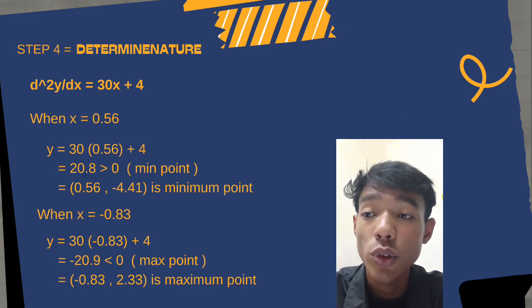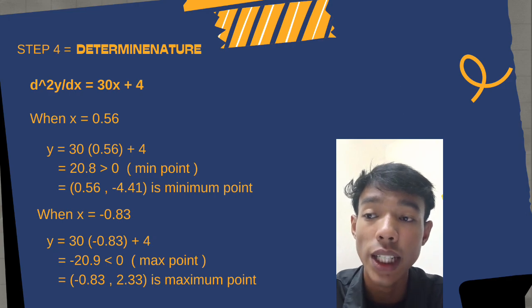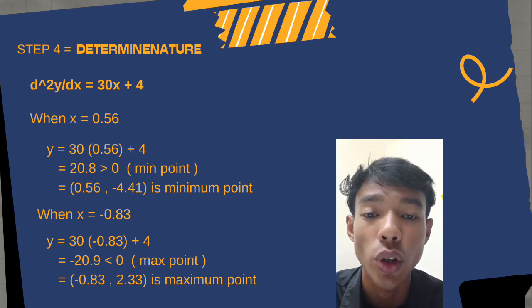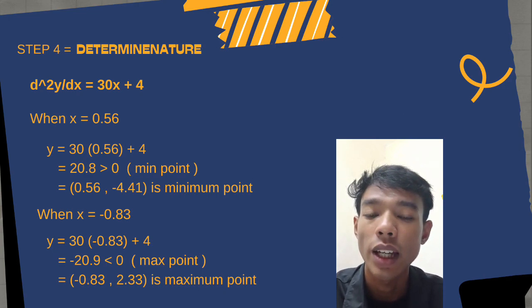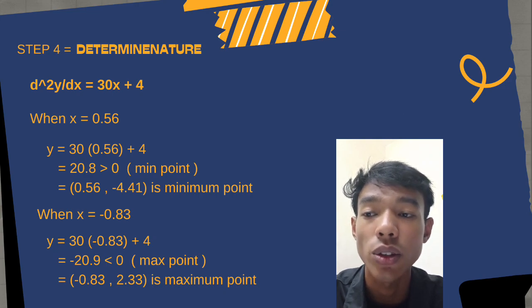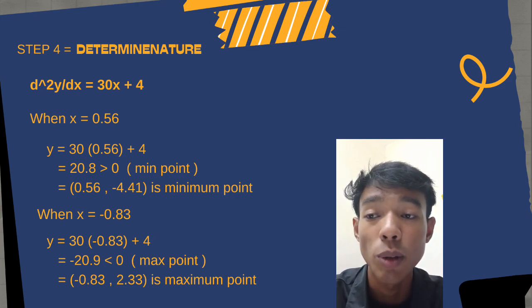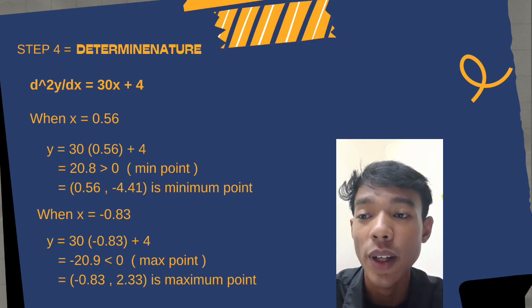d²y/dx² = 30x + 4. We substitute x = 0.56 into d²y/dx² = 30(0.56) + 4, and the answer is 20.8. 20.8 is bigger than 0, so it is a minimum point for the sketch graph.